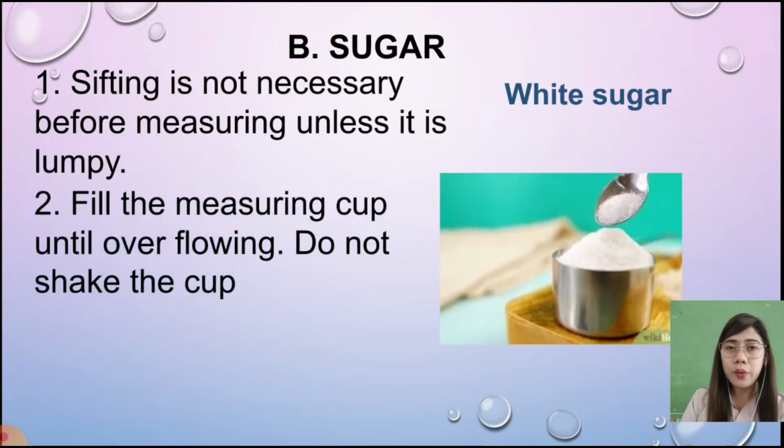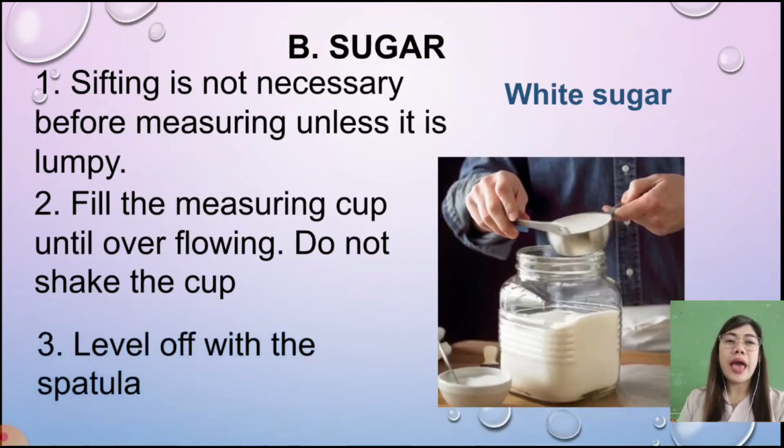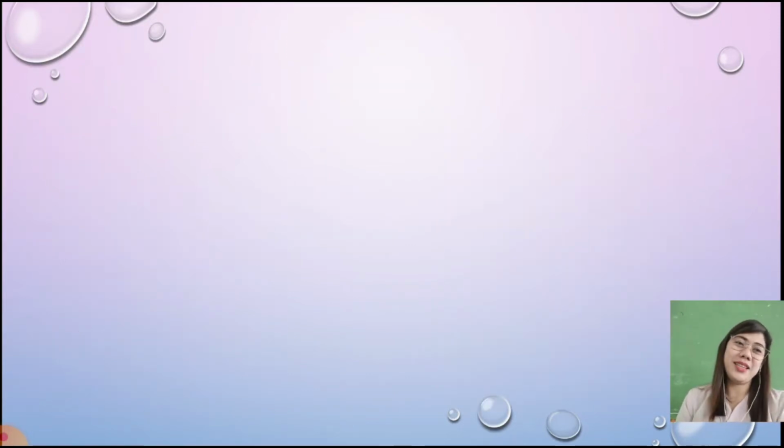The second step, you can now fill the measuring cup until overflowing again. Again, do not shake or tap our measuring cup, right? After that, we can use any kind of straight edge, or even the spatula or the scraper, to level off our measuring cup. Simple as that, right?